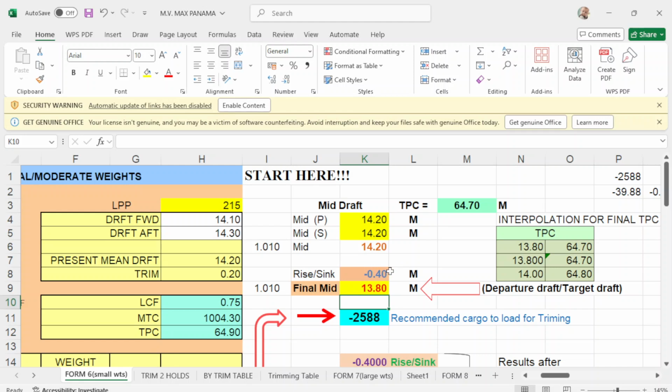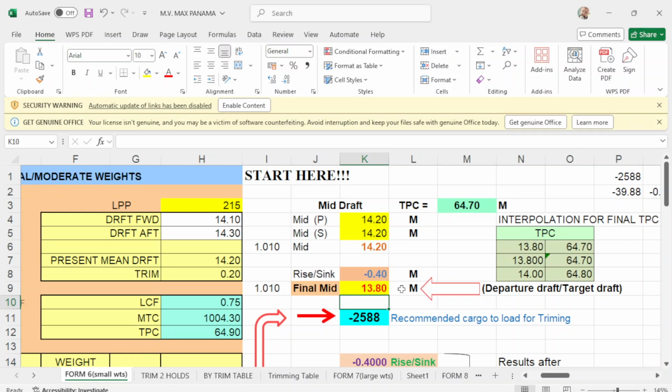So from 14.20 meters, the vessel will rise or will go up and reduce its draft to a minimum of 13.80, which is the target draft.